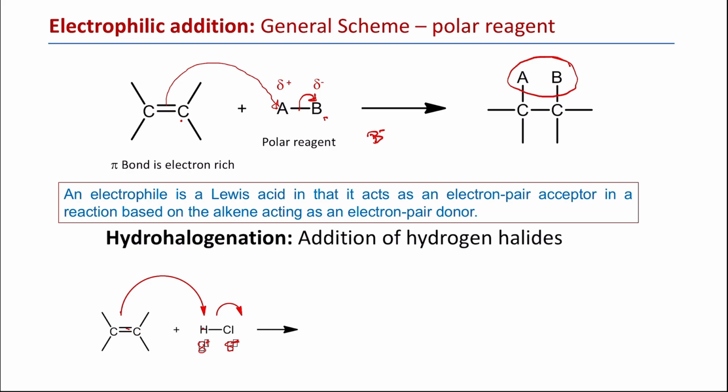This is going to attack the partially positive hydrogen, and then the chloride is going to leave with the electrons. In this case, the hydrogen will be added to the first carbon, and that will leave a positive charge on the second carbon. And then the chloride is going to attack the carbon with the positive charge, and the chloride will be added in the second step, and that will give us the product, which is the haloalkane.